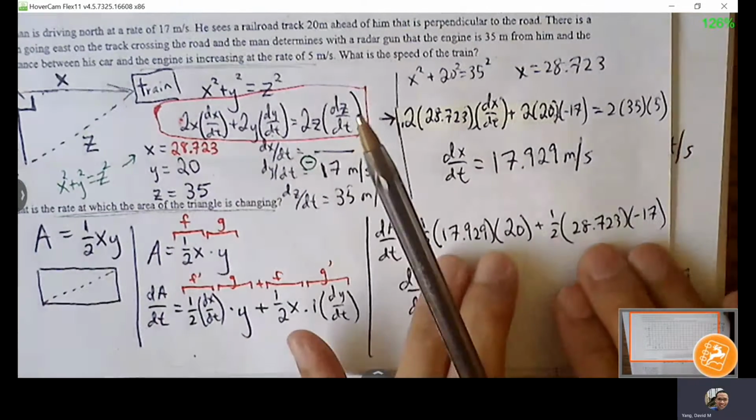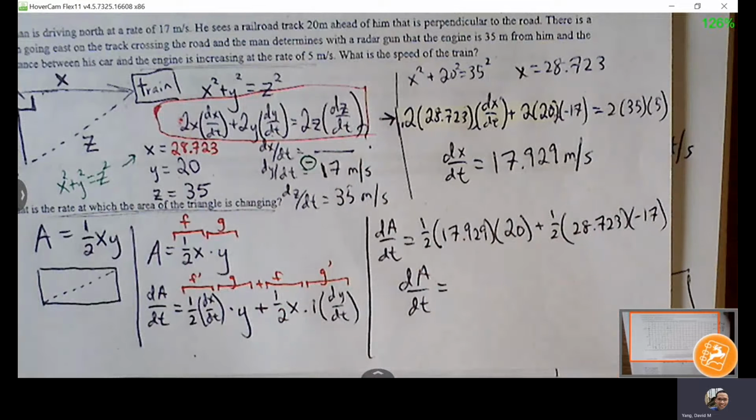So we're going to get two values that we're going to subtract. Yeah, dy/dt negative.